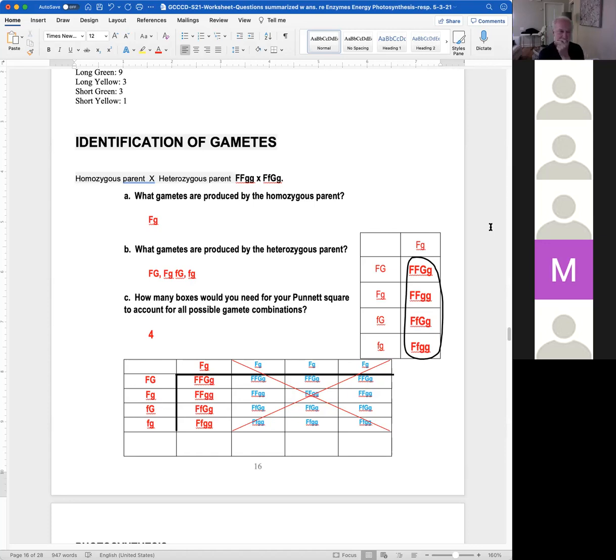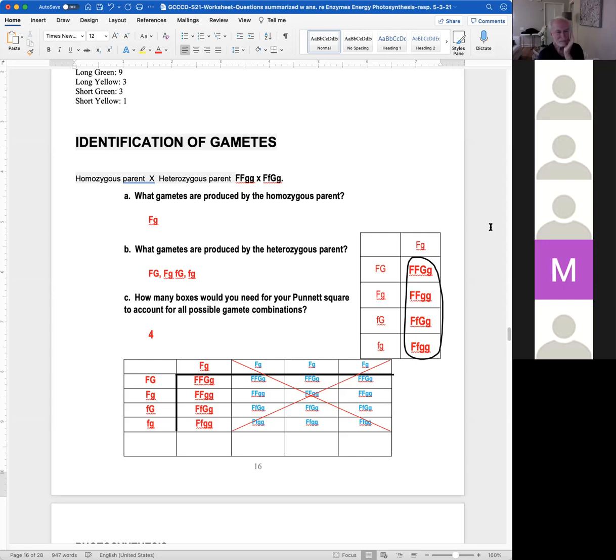If we look at this other parent, big F, little f, that's heterozygous for that trait. Big G, little g is heterozygous for that trait. So the second parent would be the heterozygote. It didn't matter whether it was homozygous dominant or homozygous recessive. There's only one parent here that was homozygous and only one parent that was heterozygous.